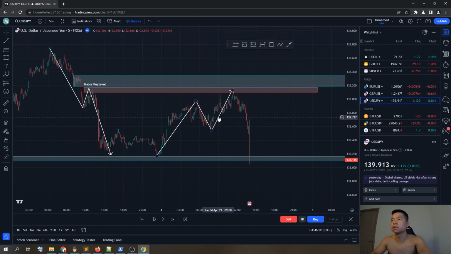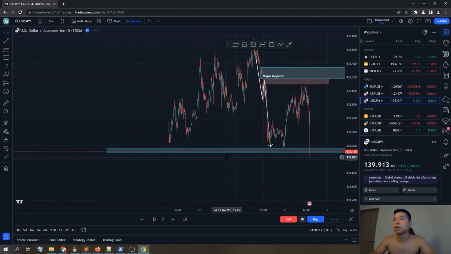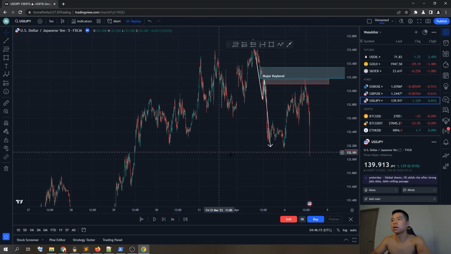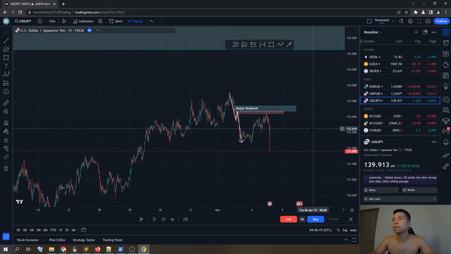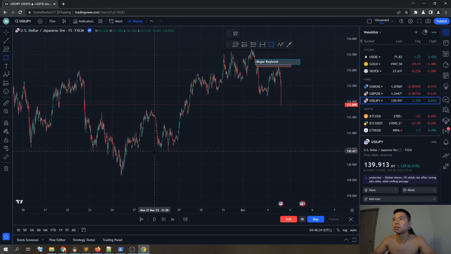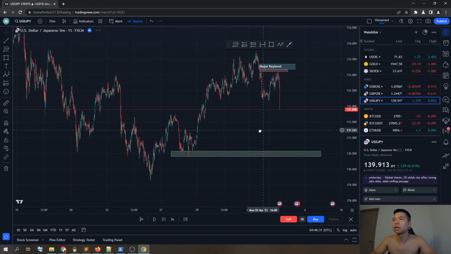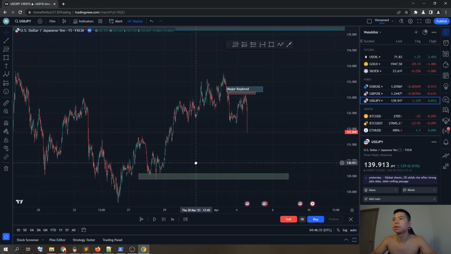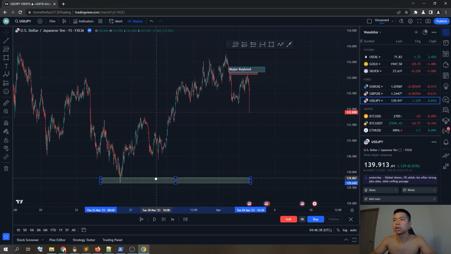So this trend has ended, and this one has continued. The big one did break through the prior high here, which indicates that the trend is continuing, and the next target that we can get is around here, or it can retrace back to the start of the bull trend, which is here.